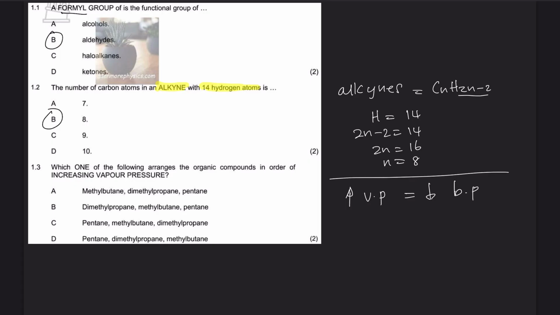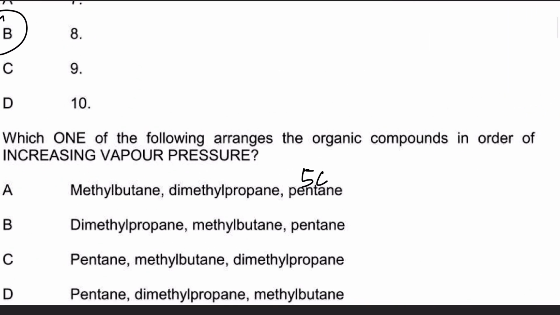Okay, so from the looks of this, they are changing the branches here, because pentane has 5 carbons. Dimethyl propane: propane we know has 3 carbons, and dimethyl means there are 2 methyl branches, and a methyl branch has 1 carbon.